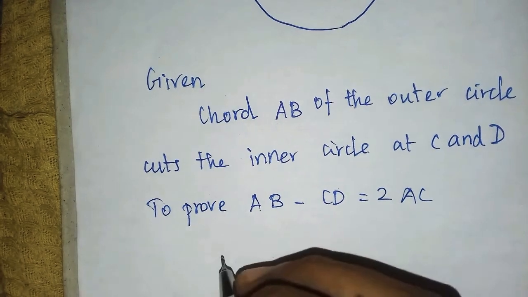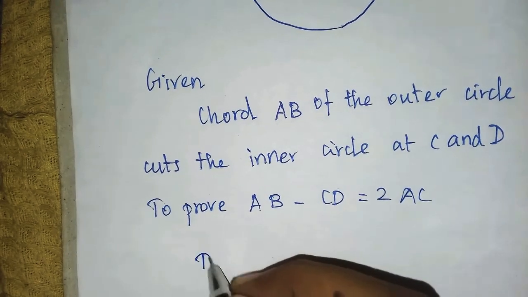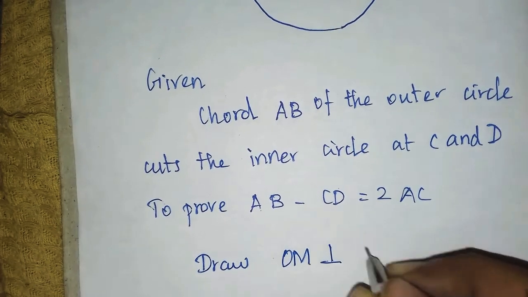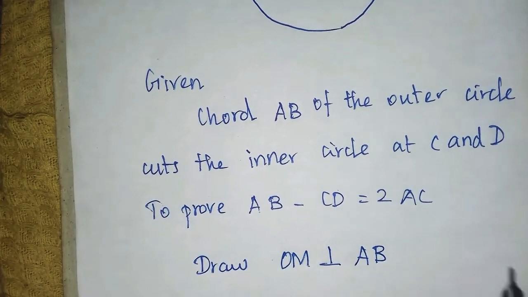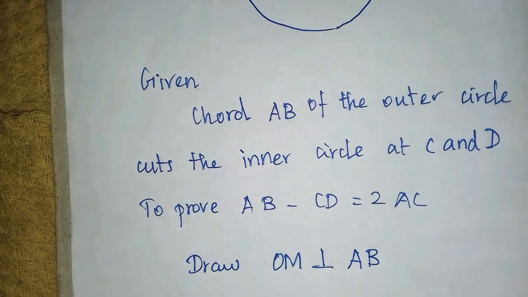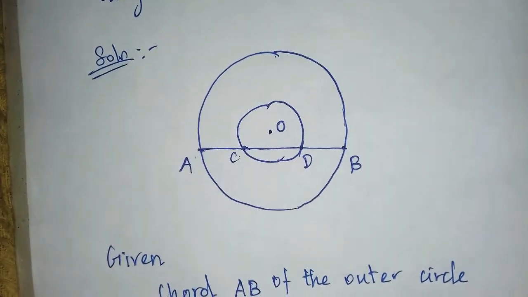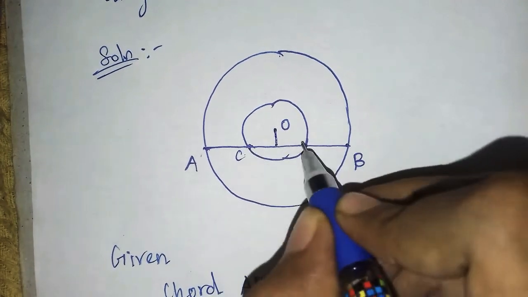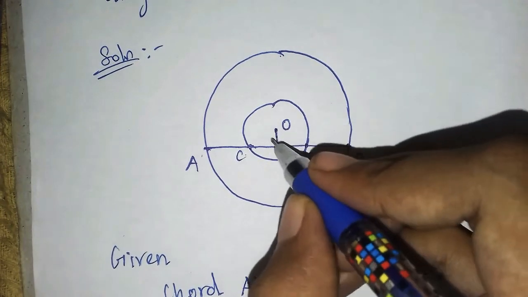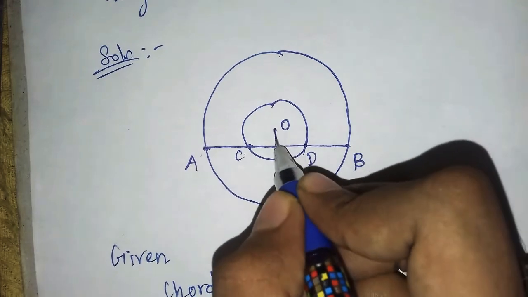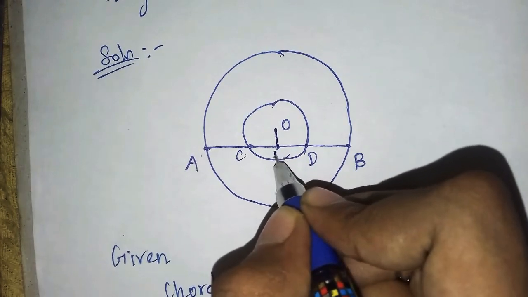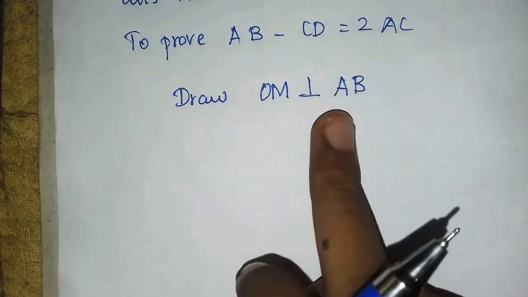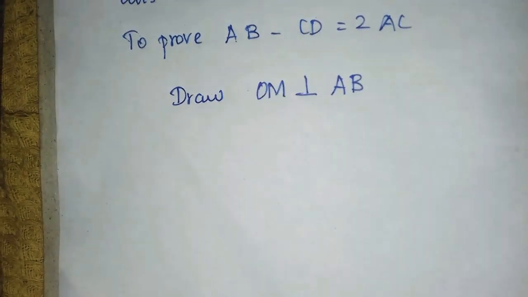First what do we have to do? Draw OM perpendicular to AB. What is OM perpendicular to AB? We have to draw a perpendicular line from O, that is the center, to this AB. This point we have to mark as M. That is what we have drawn as OM perpendicular to AB.